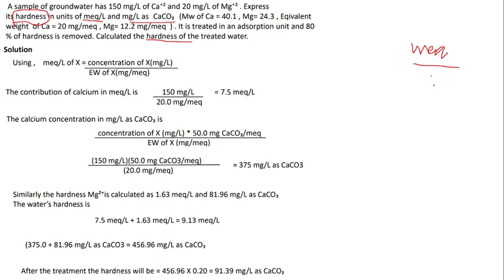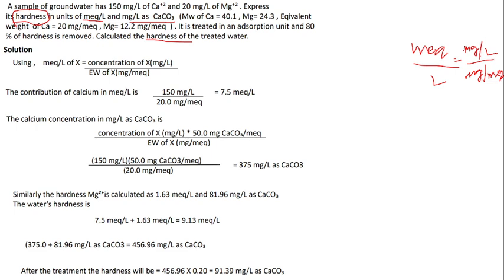This milli-equivalent per liter is obtained by dividing the mg per liter by mg per milli equivalent. So mg will get cancelled and milli equivalent per liter will be obtained. This is the formula.